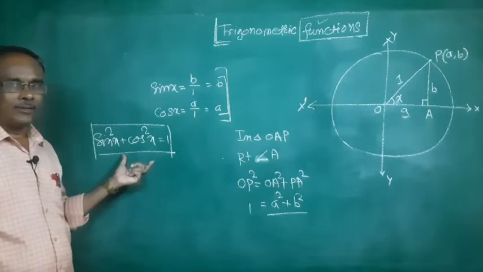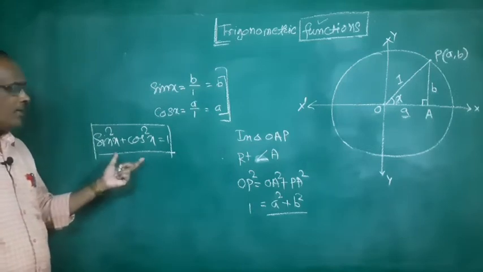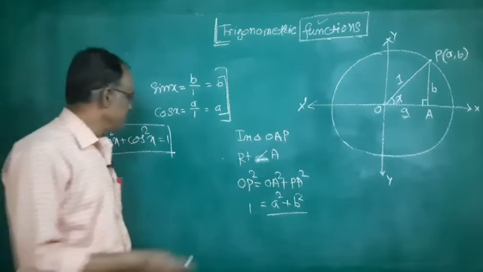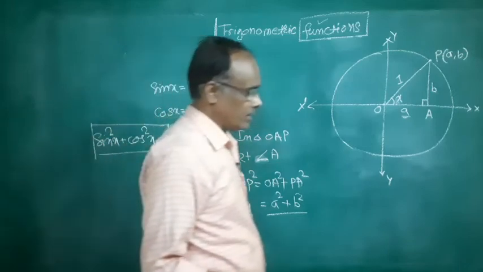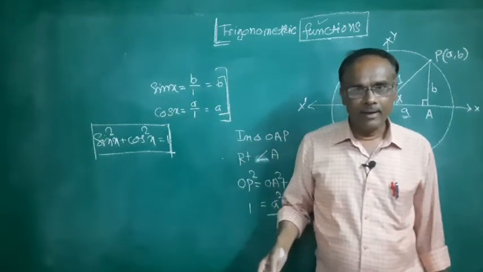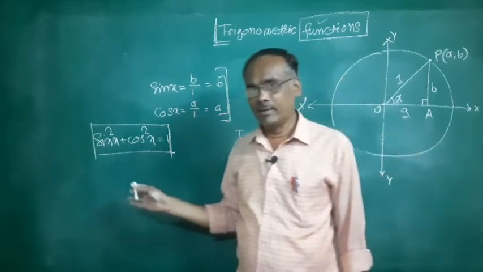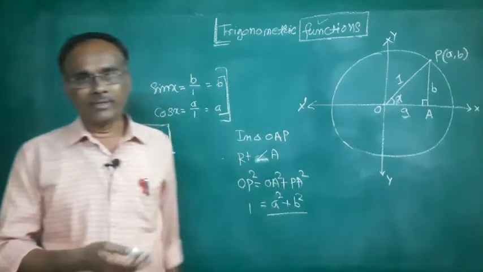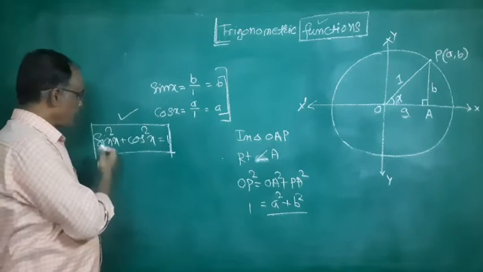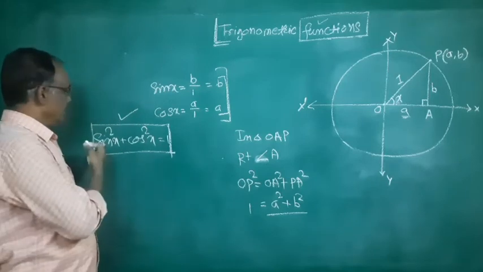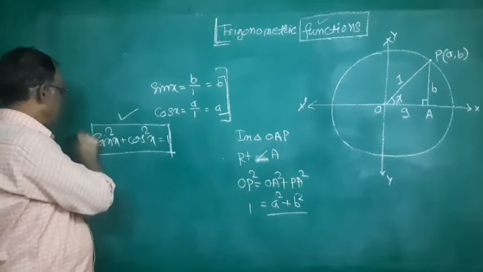We studied this in class 10th, called identities, but here the approach is different. We studied the ratios of sides in a right angle triangle, then divided by one side and got those identities.